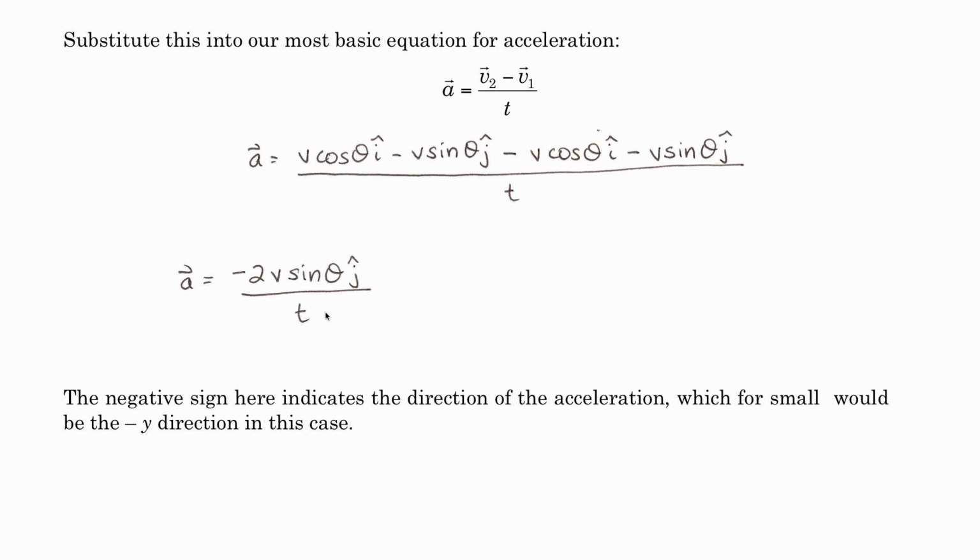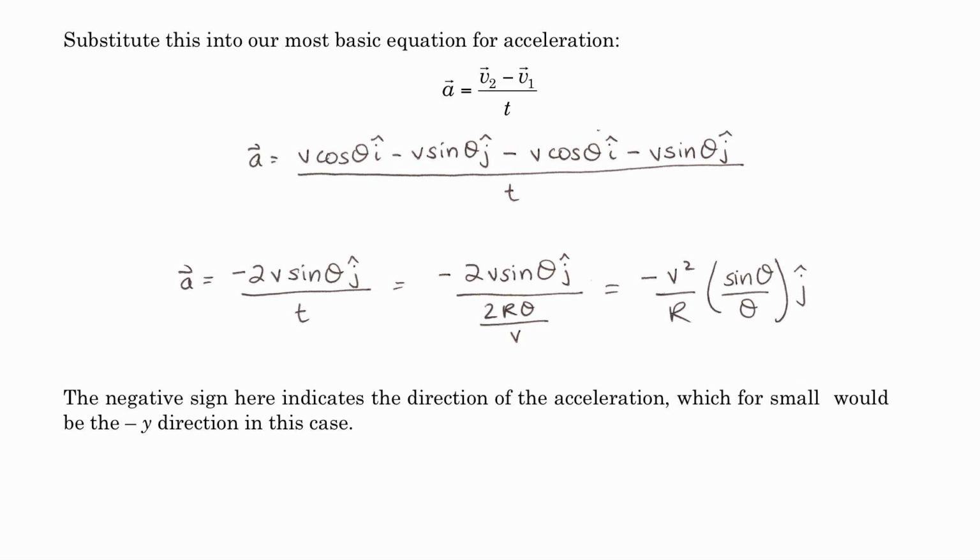We can now introduce that equation for time. We can say, minus 2v sin theta j hat over 2r theta over v. What does this give us? It gives us minus v squared over r times sin theta over theta in the j hat direction.